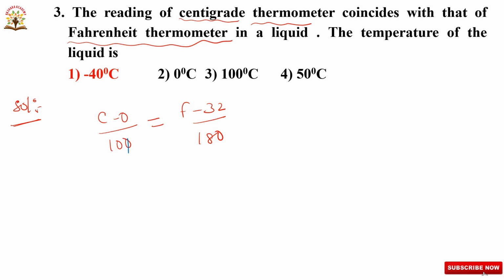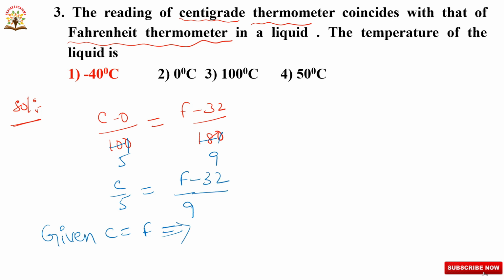Now this 0 will cancel, 2 5s are, 2 9s are. Now we are writing C by 5 is equals to F by 9. Here given C is equals to F, as the centigrade thermometer coincides with the Fahrenheit thermometer. So we substitute C in the place of F. C by 5 is equals to C minus 32 by 9.